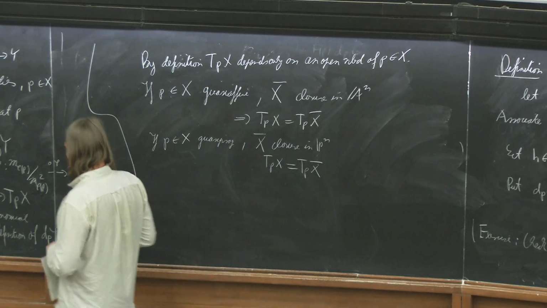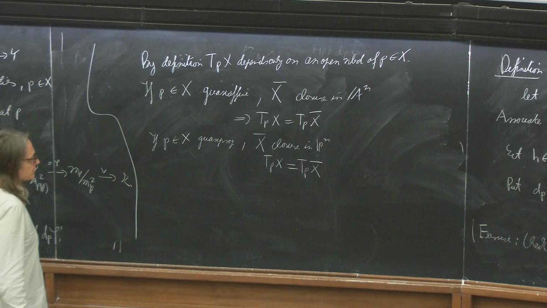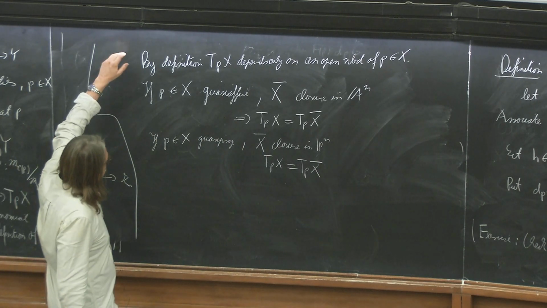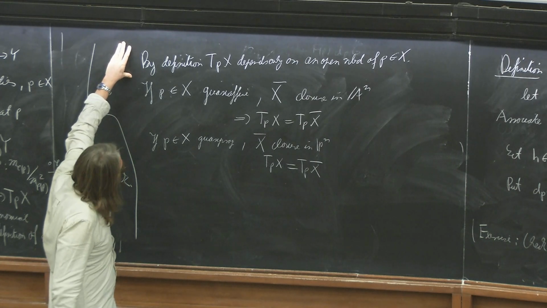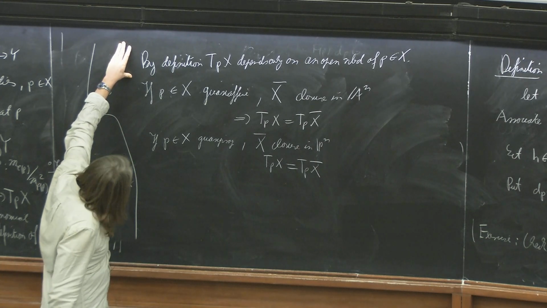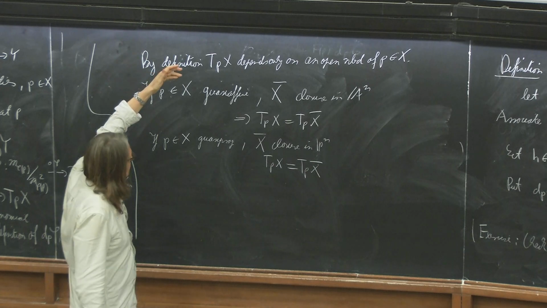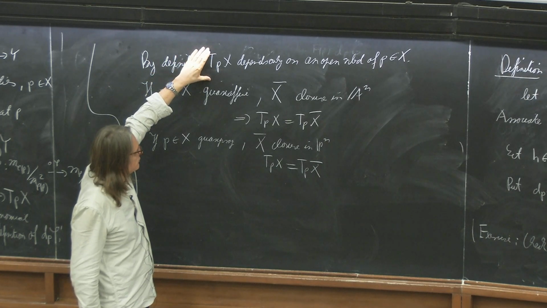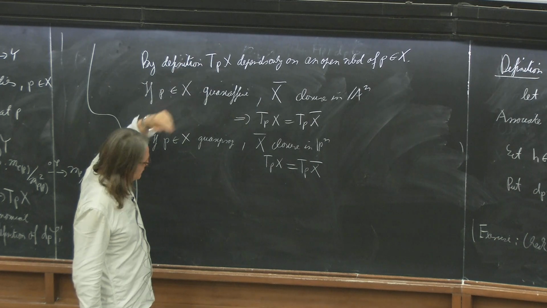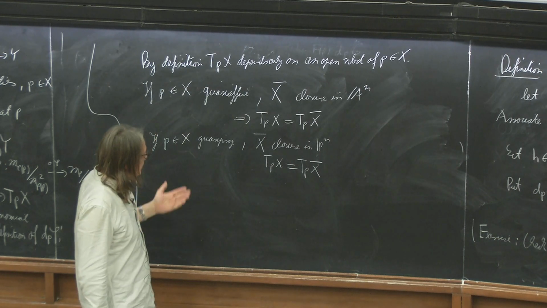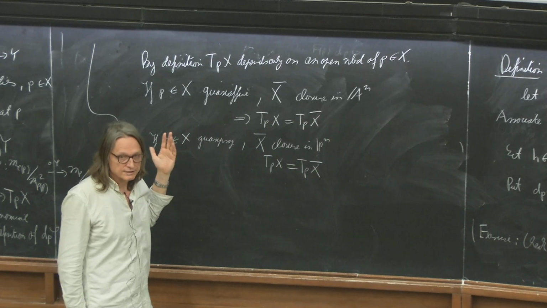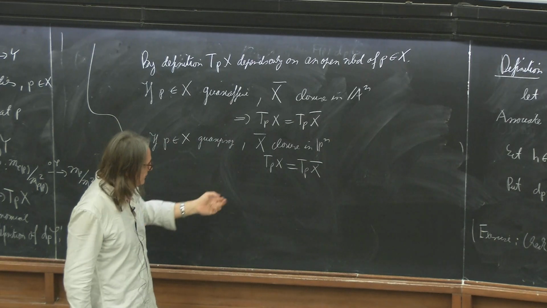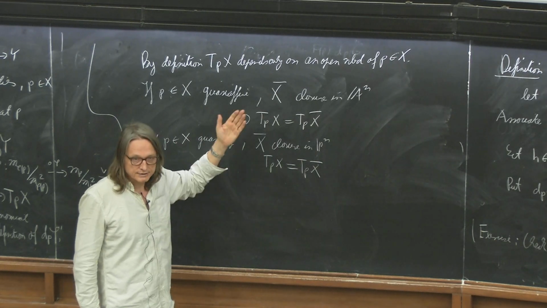And in particular, this allows us for projective varieties, where normally we want to know what the tangent space is as a vector space, to compute it in any affine chart. So we can just take our point P, which will lie in one of the U_i, and compute it there.